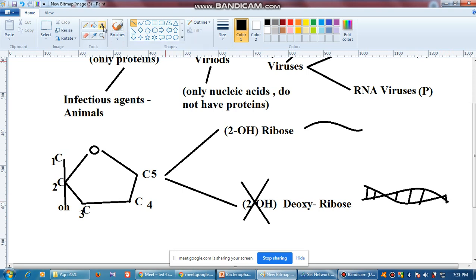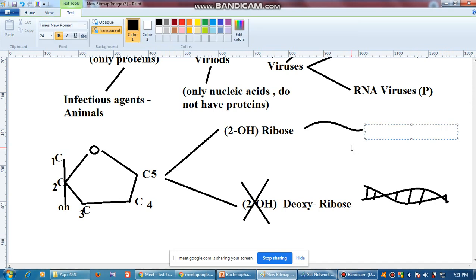Okay, so we'll put it like this. There are several other differences as well.